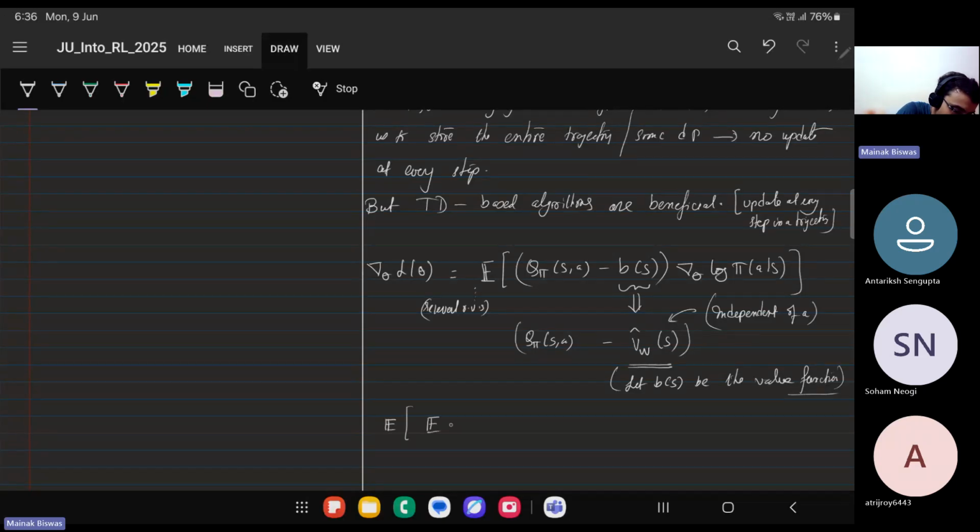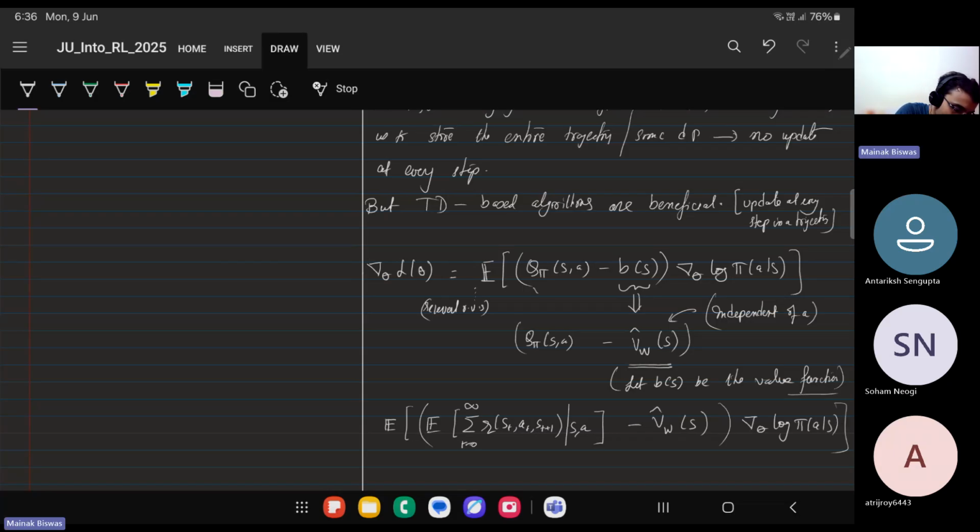Q pi of S comma A can be written as the summation of the rewards, t equal to 0 to infinity, of R(t+1) given S comma A, minus V_W of S, times the gradient of log of pi of A given S. Do you agree?